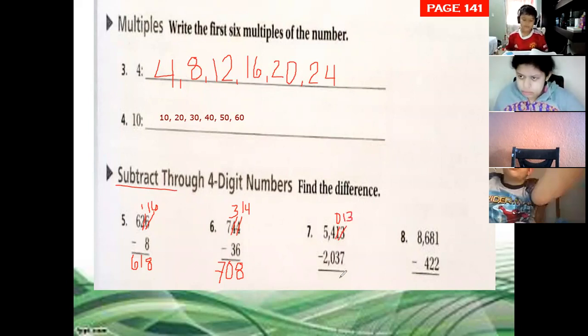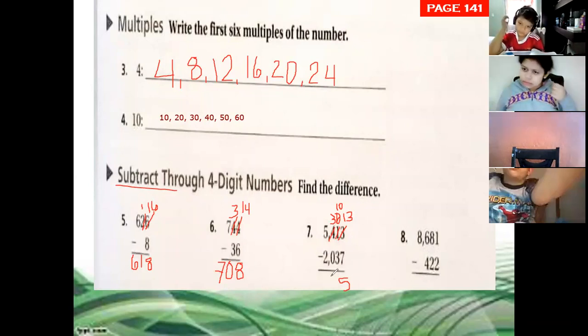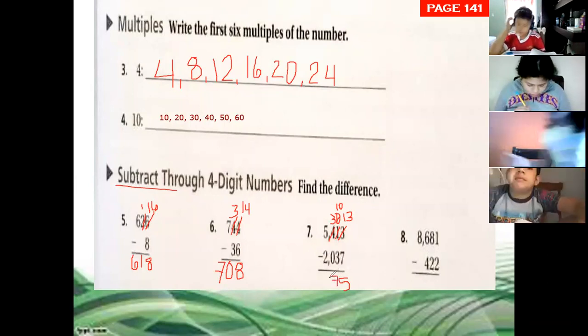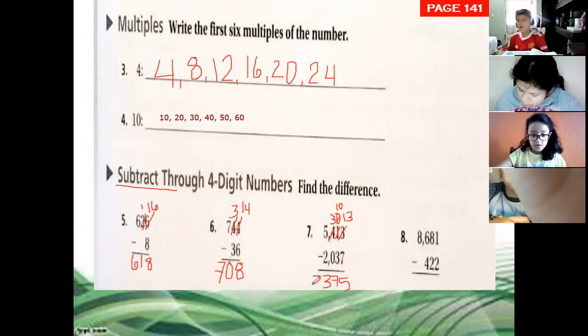So 13 minus 7, 6. 0 minus 3, that's not possible. So I regroup the number 4. This is 3 and this 0 is a 10. Then 10 minus 3, 7. 3 minus 0, 3. And 5 minus 2, 3.